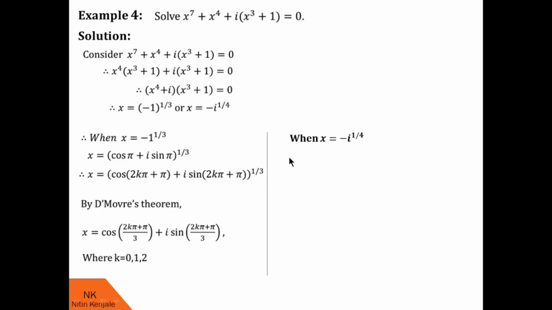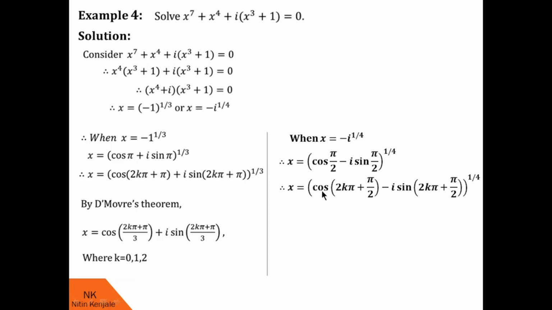Now let us take another equation, x is equal to (minus i) raised to 1 by 4. Here the complex number is minus i. Its polar form will be cos pi by 2 minus i sin pi by 2. So (minus i) raised to 1 by 4 is (cos pi by 2 minus i sin pi by 2) whole raised to 1 by 4. According to step 2, we will replace the cosine and sine by cos (2k pi plus x) minus i sin (2k pi plus x).